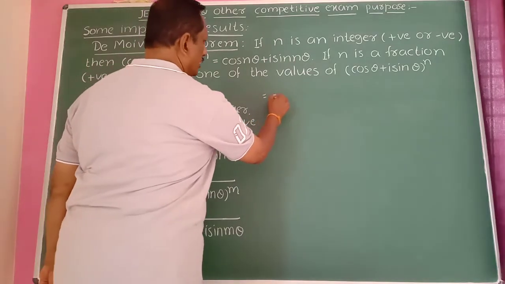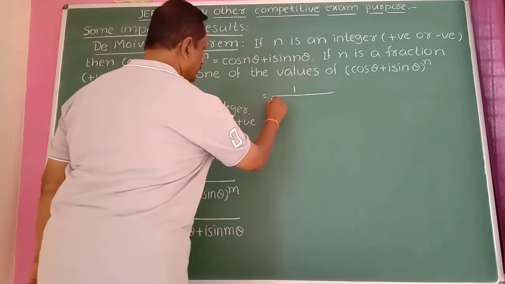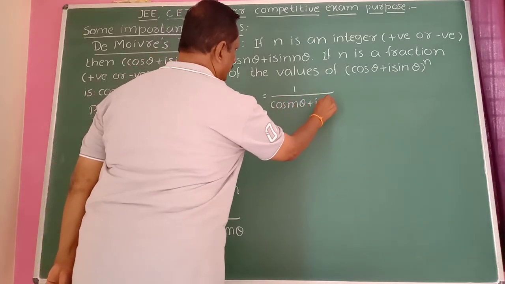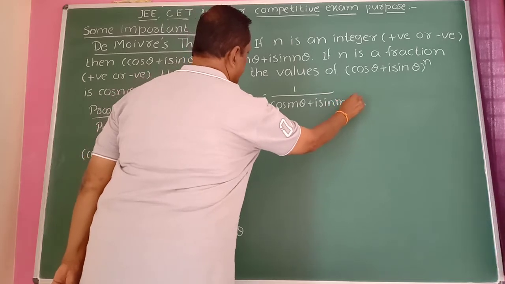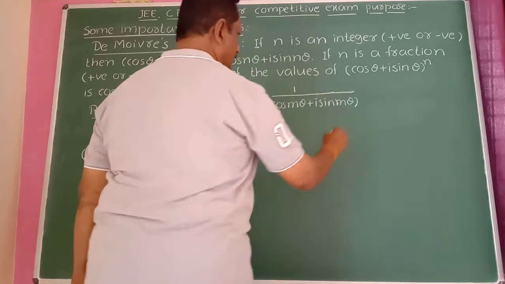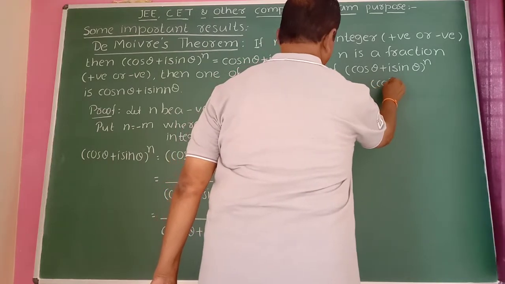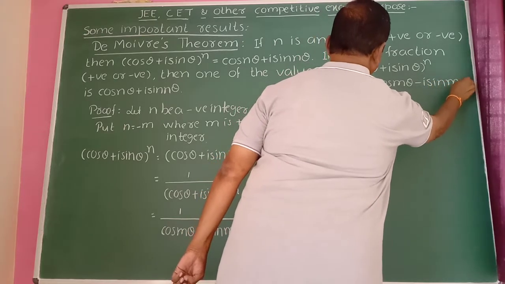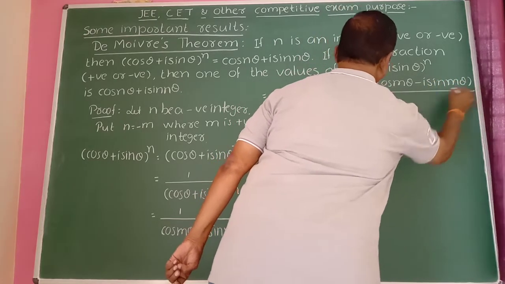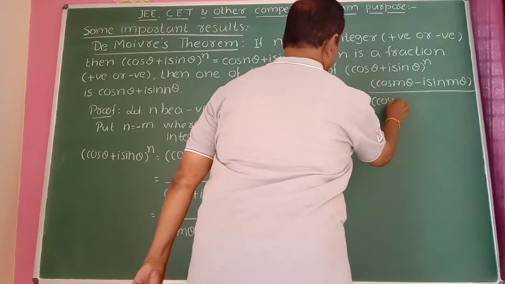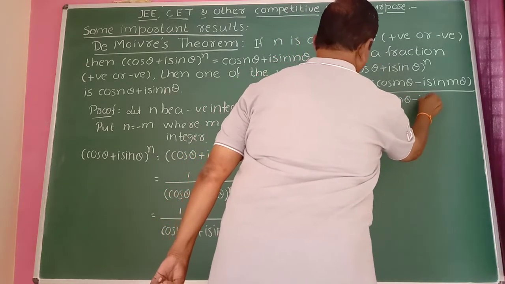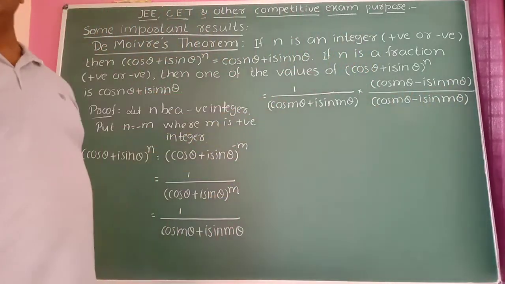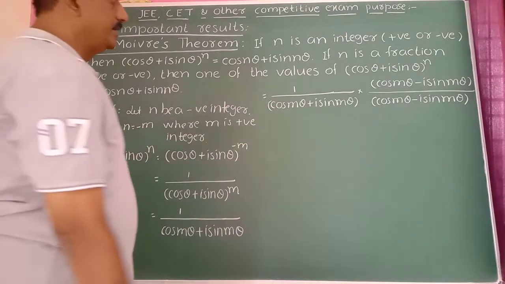So this is equal to 1 divided by (cos m theta + i sin m theta). Rationalize means multiplying the numerator and denominator by cos m theta minus i sin m theta.